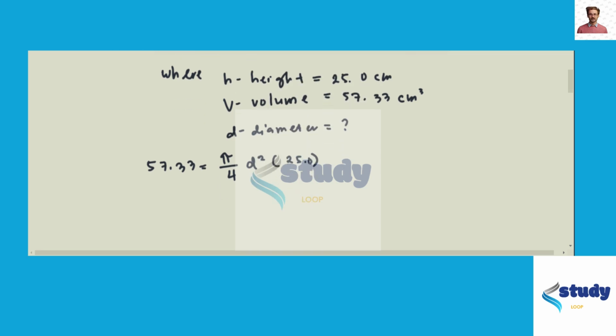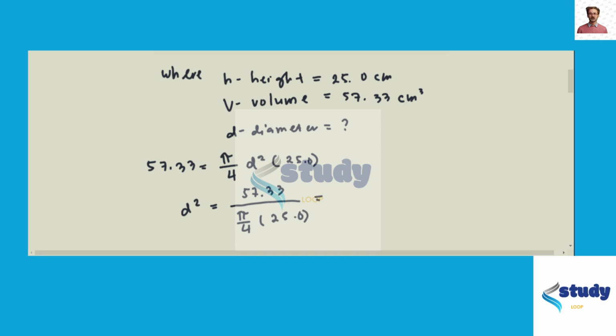So we will isolate D squared first here. So we will divide both sides by pi over 4 times 25. So that gives us 57.33 over pi over 4 times 25.